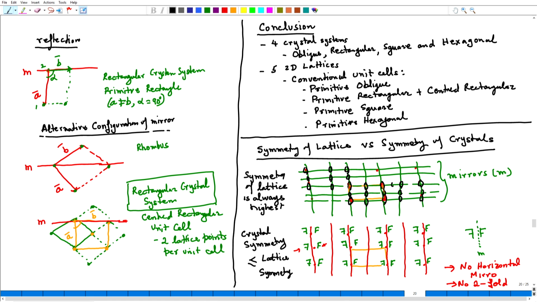Therefore, this is still called a rectangular system because it has one reflection symmetry, which is the vertical mirrors. That is the minimum symmetry required for the rectangular crystal system. So, this is an important point.